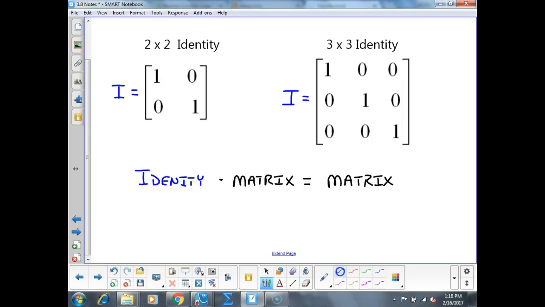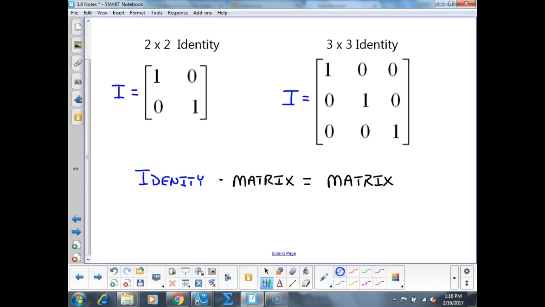You know what I mean? I'm not going to take the 3x3 identity and multiply it by a 2x2 matrix, because that multiplication won't work. It's not possible. The matching up of the columns of the left one and the rows of the right one has to still be the same. That rule for multiplying still works.